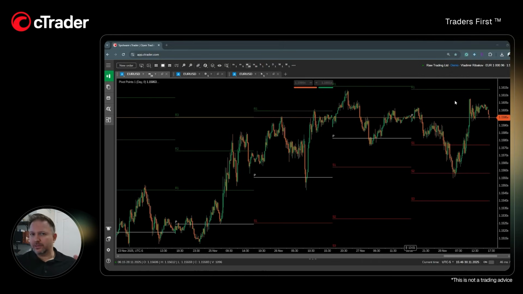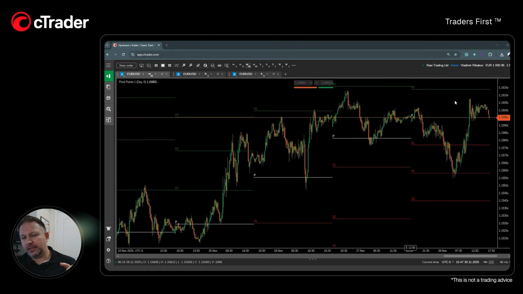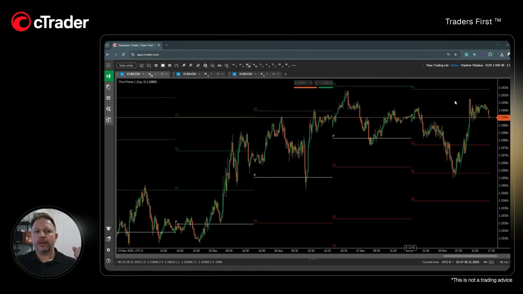The key levels during the day or during the week are resistance 1 and 2, while 3 is considered a more extreme level, where, if reached, it means something really overwhelming and exhaustion happens on the market.